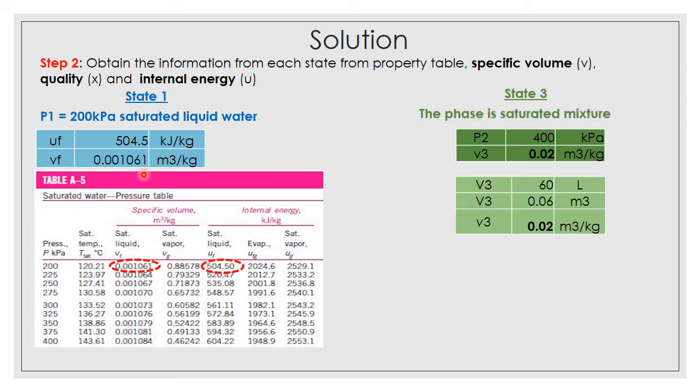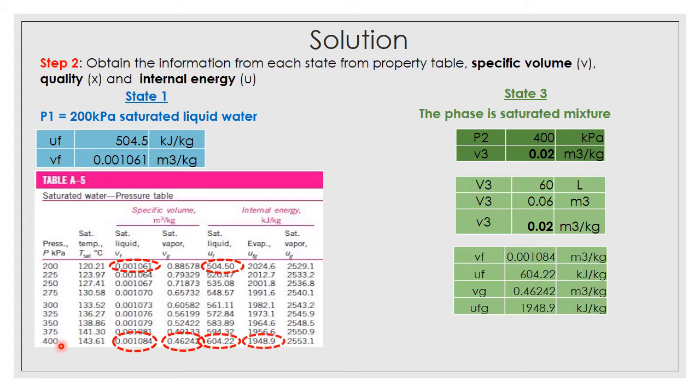Next we go to state 3 with the phase of saturated mixture, and we refer to P equal to 400 kilopascal, and we obtain vf, vg, uf and ufg as stated in the details, which is 0.001048 for vf, uf 604.22, vg 0.46242, and ufg 1948.9.